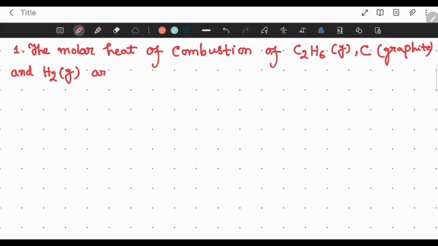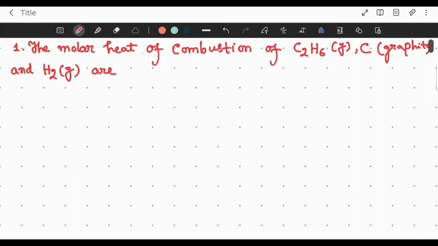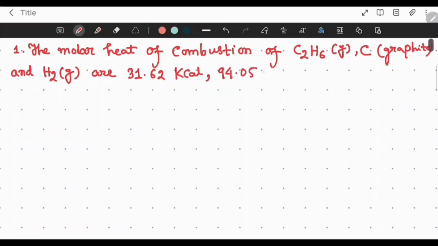The molar heats of combustion are given for these species: 31.62 kilocalorie, 94.05 kilocalorie, and 68.32 kilocalorie respectively.